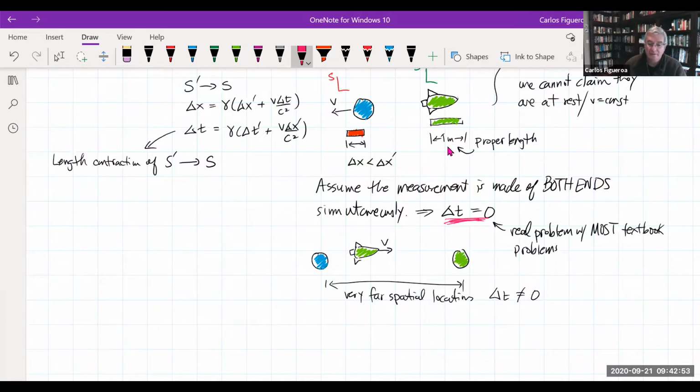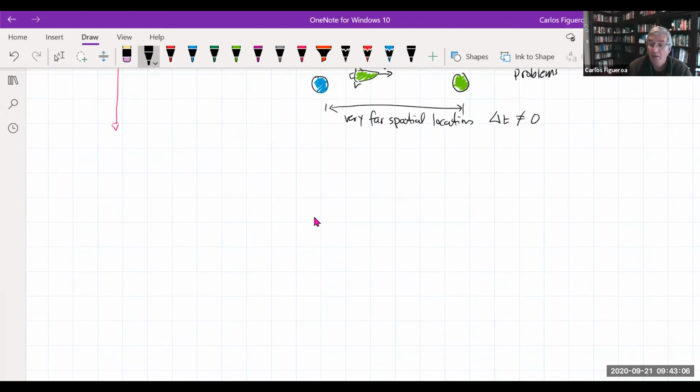So let's keep moving. If we're going to make that statement here, so now let's go look at this. And what I want to do here is start talking about what I mean by a measurement.